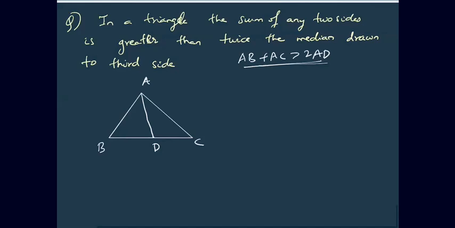So you need to prove that AB plus AC is greater than 2AD. AD is the median. So it means BD is equal to DC.